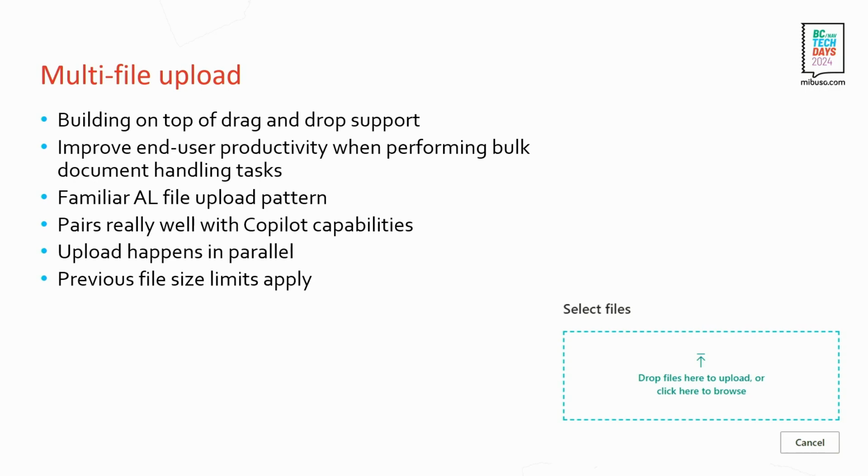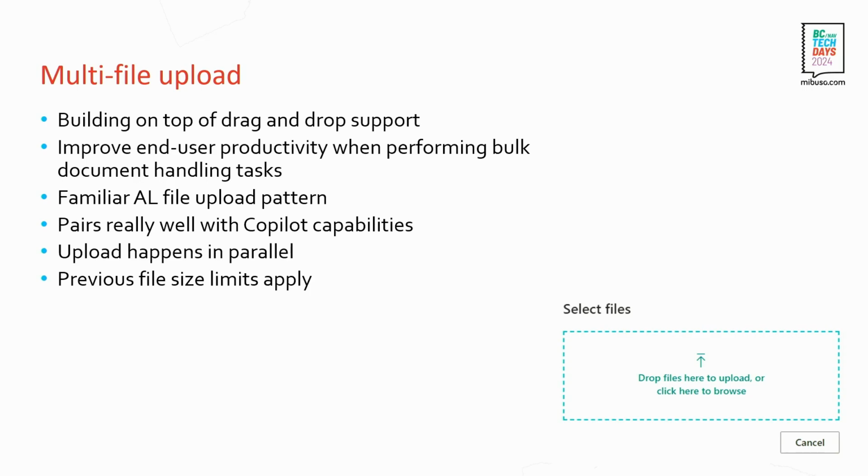Upload happens in parallel, but the user is still blocked until all of the files are uploaded and processed. Also, all the previous size limits apply per file. Currently in SaaS, if I'm not mistaken, it's 350 megabytes. We hear quite often that it should be a lot higher, but the reasoning for us is really trying to be fair with everyone's resources in the cloud as well.